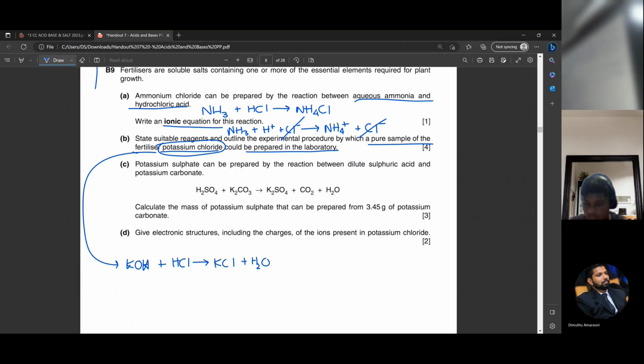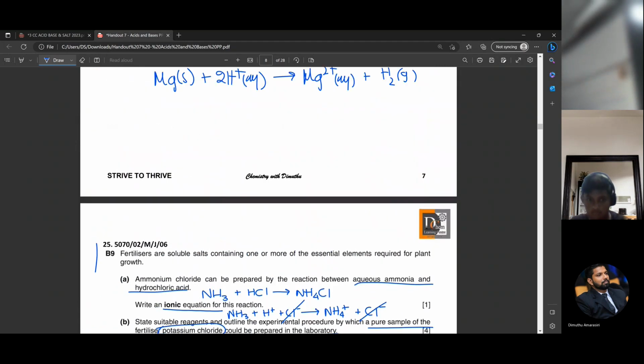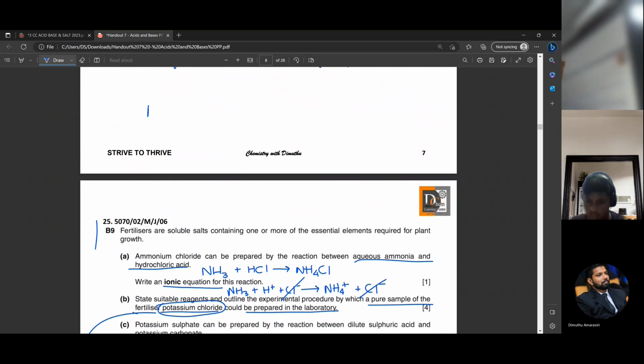The previous one, that's easy. It's like this. It's a metal reacting with an acid. The acid will give you H plus. Then H plus becomes hydrogen gas, so it becomes neutral. Magnesium becomes magnesium 2 plus ion.